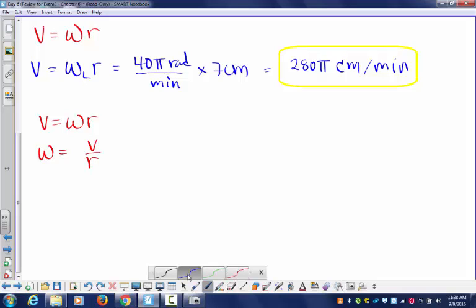So omega for the big gear is going to be the linear speed of the big gear divided by the radius of the big gear, and the radius was 10 centimeters.